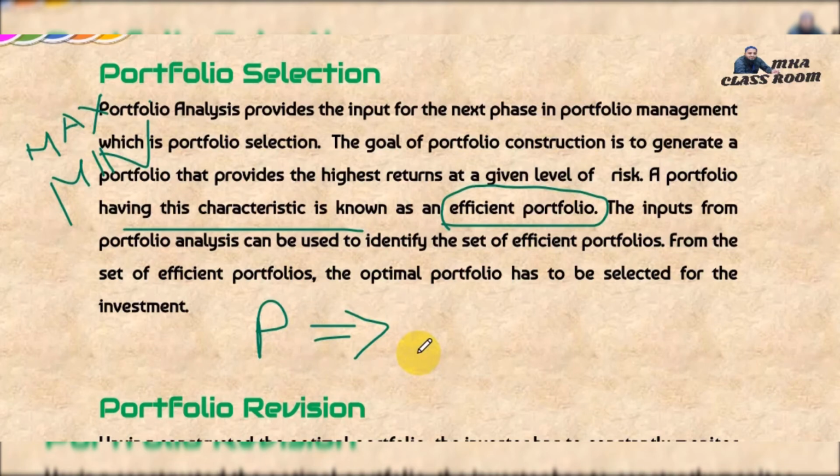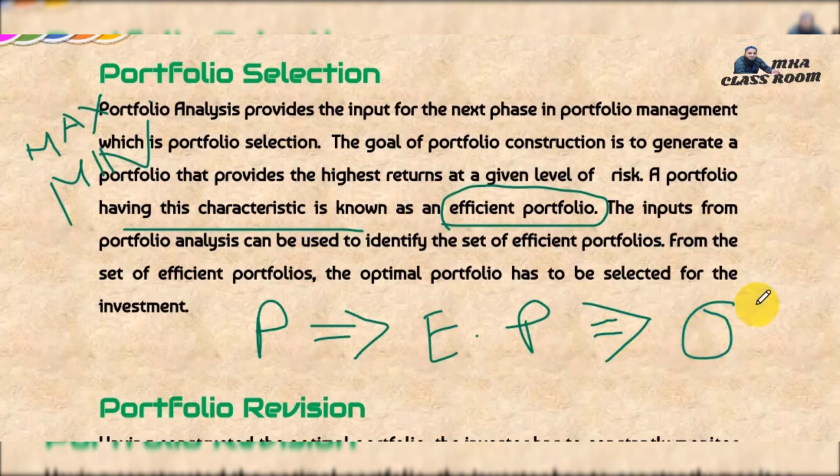And from that group of portfolios, or a number of portfolios, you have to select the efficient portfolios. From these efficient portfolios you have to select the optimal portfolio. That is portfolio selection.